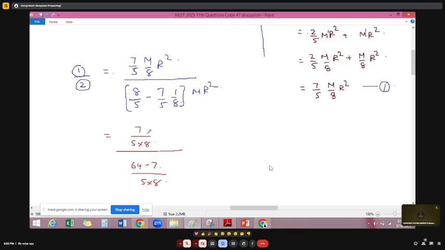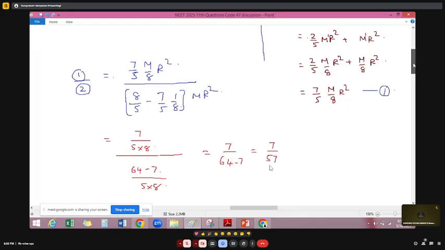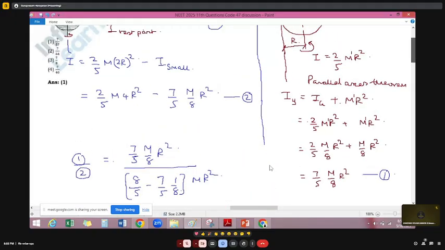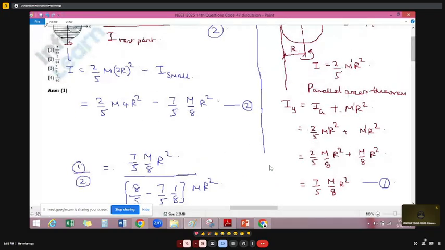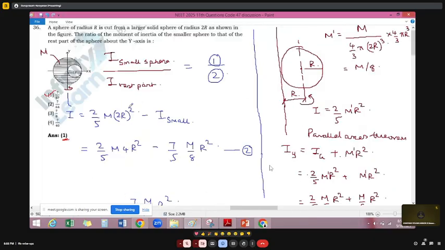Five by 8 cancels, so 7 divided by 64 minus 7. How much is that? 7 divided by 57. See if you have any option like that. 7 divided by 57. Yeah, first option, right?